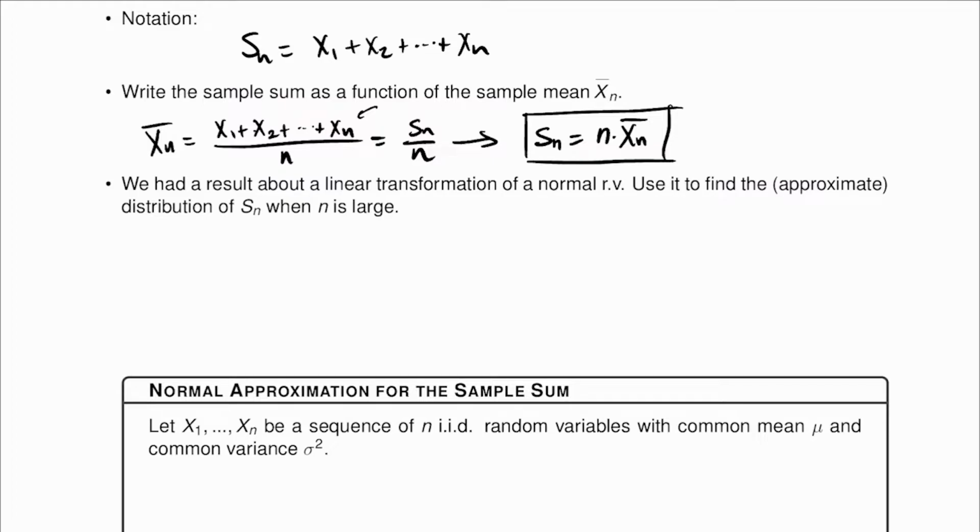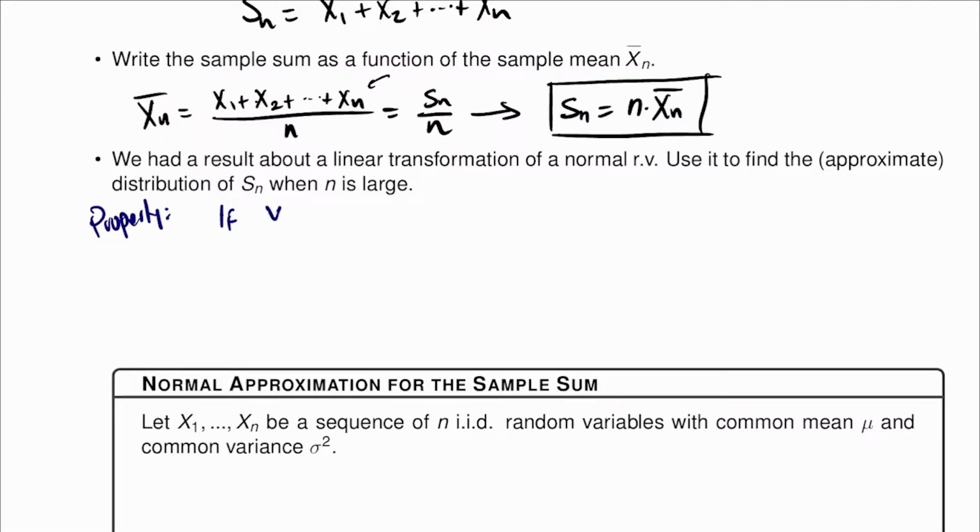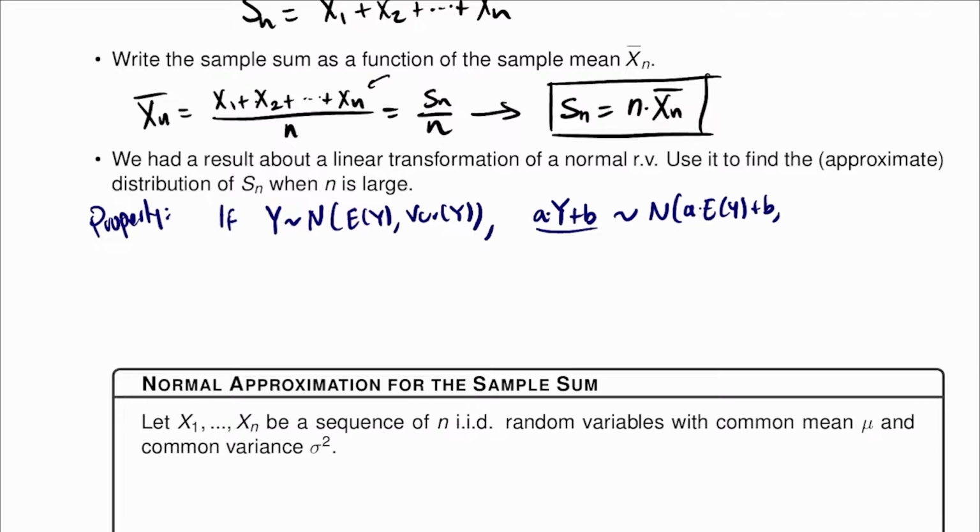Remember the property: if we have a random variable y that is distributed normal with mean expected value of y and variance of y, then the distribution of a times y plus b is normal with mean a times the expected value of y plus b, but the variance is a squared times the variance of y. We discussed that property.